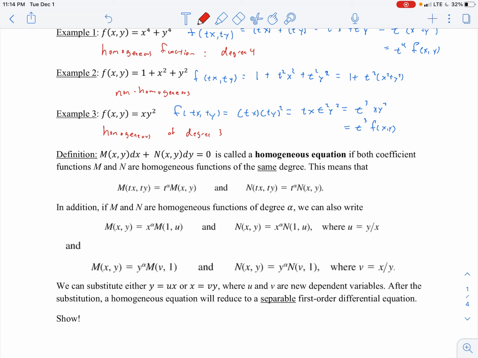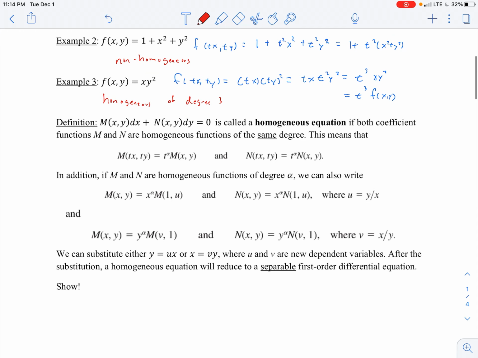Then we can write my M and my N. When I pull out that x to the alpha, I'm pulling out the x value, and I'm just going to get the x on the inside of both M and N, and for u, I'm going to substitute, and u is just going to be y over x. I can do the same thing with y. I can pull out my y to the alpha.